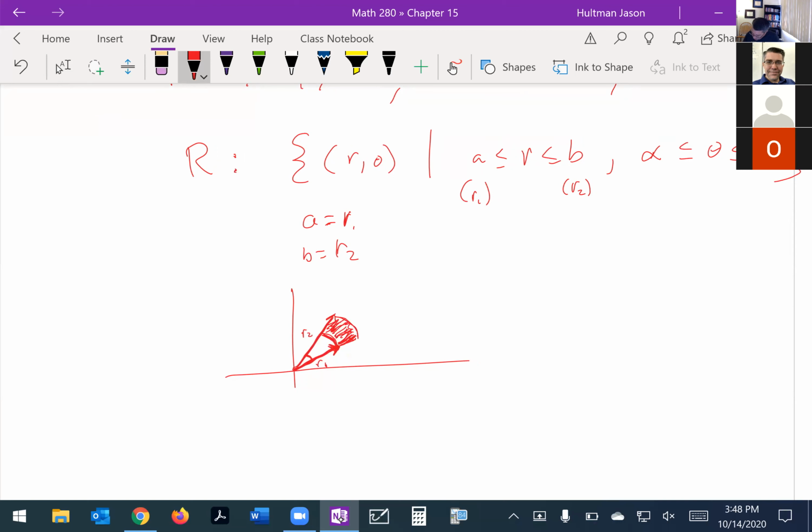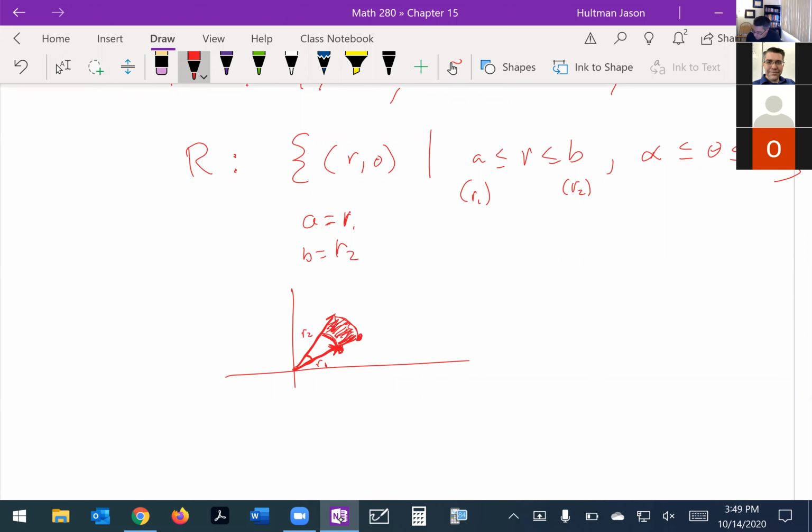If r1 only goes to this point and r2 goes to this point, then that circular area, that sector, we call that a sector, this sector of the washer here, that's the area that is sweeping out.